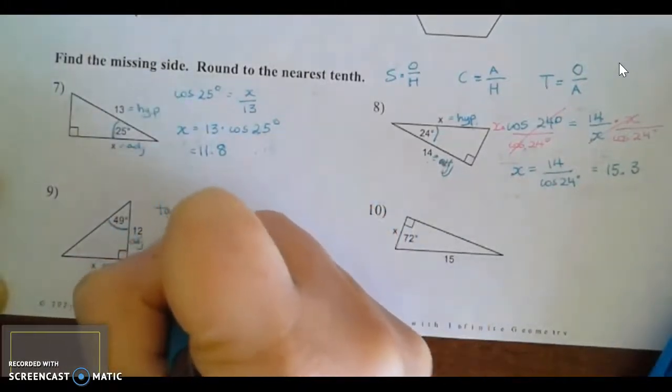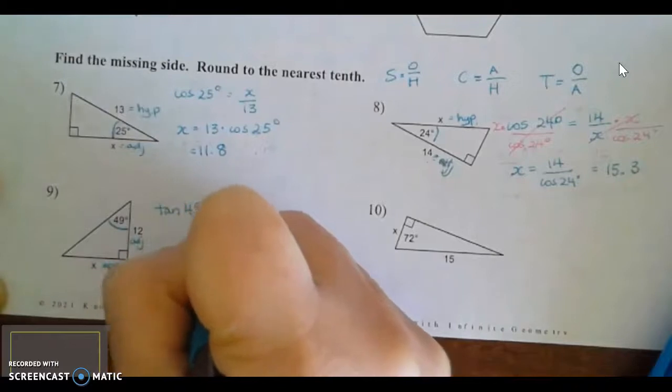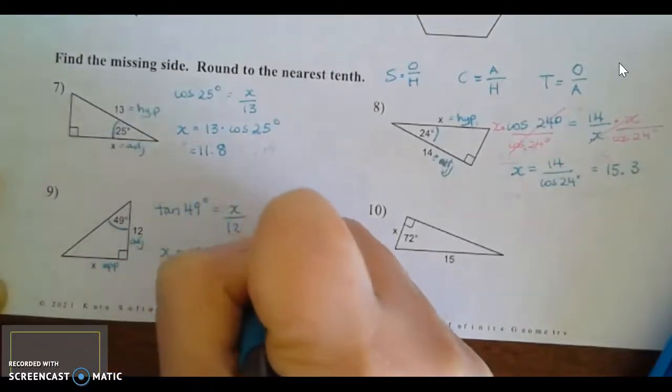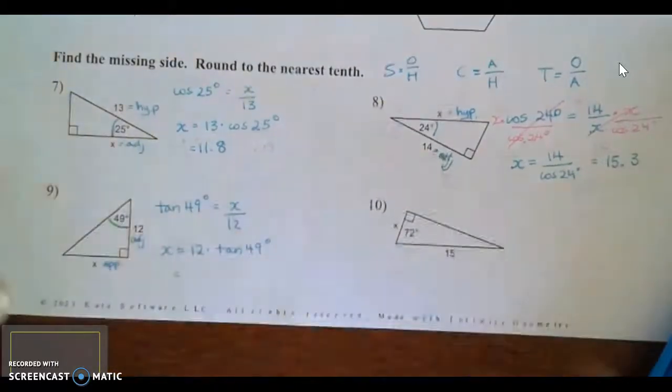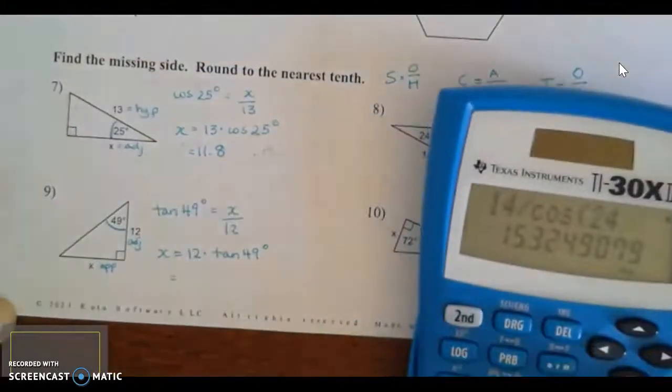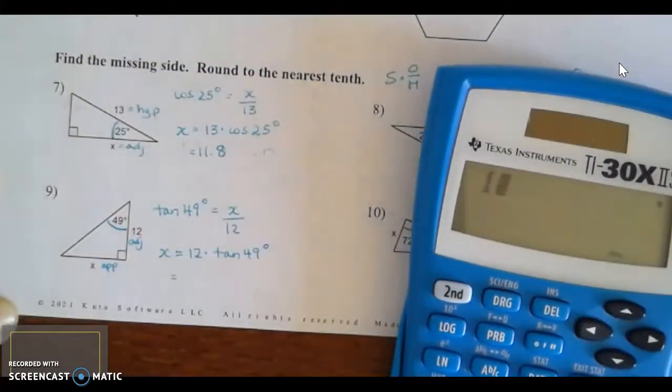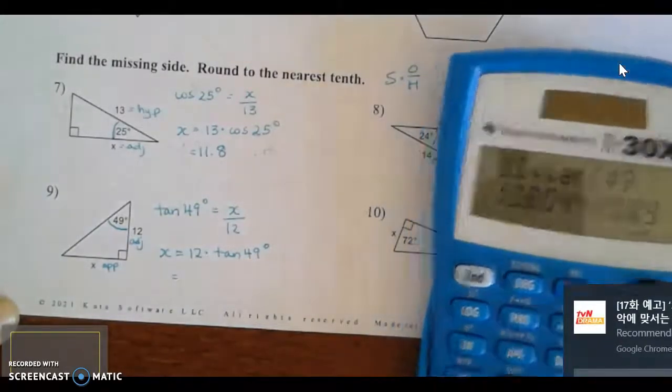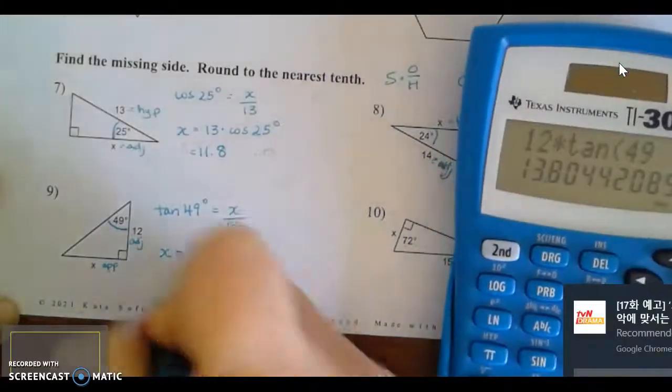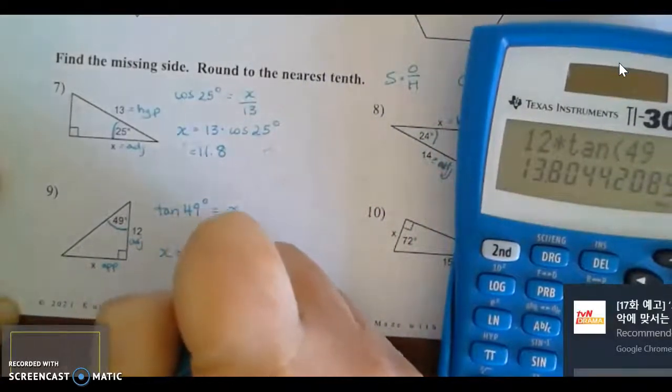So x is going to be 12 multiplied by tangent of 49 degrees. And pull out your calculator. Okay, 12 times tangent of 49 degrees is going to be 13.8 rounded to the nearest tenth.